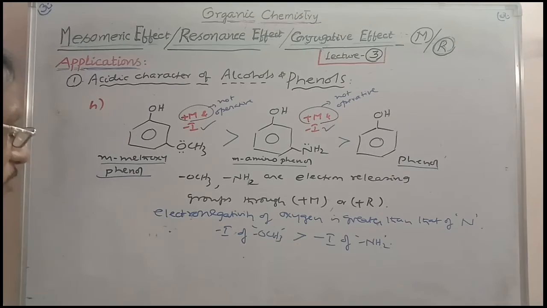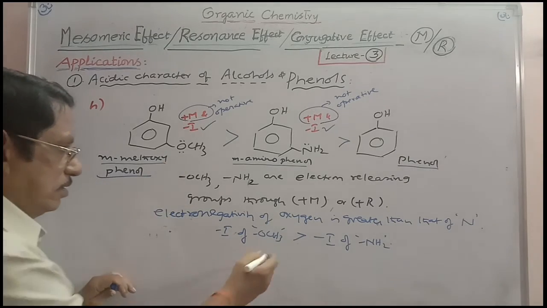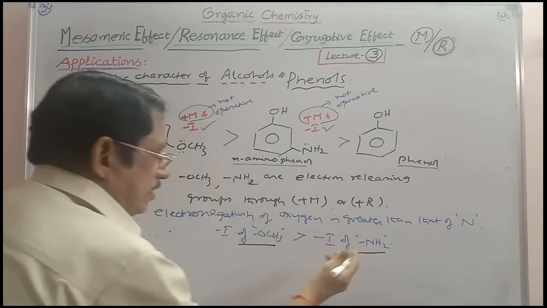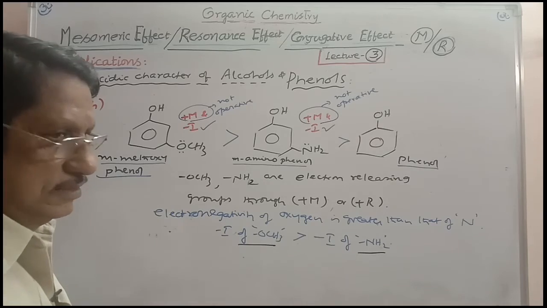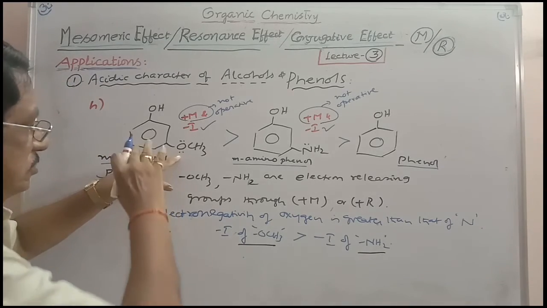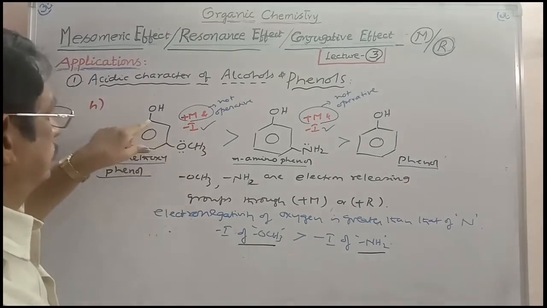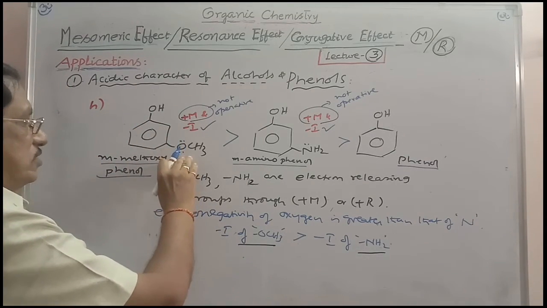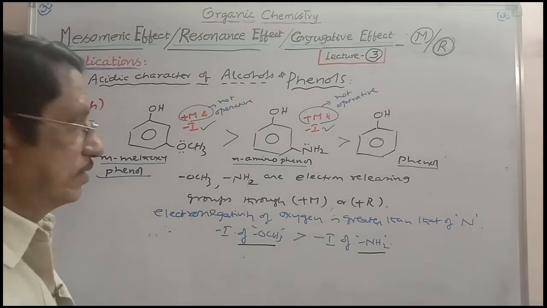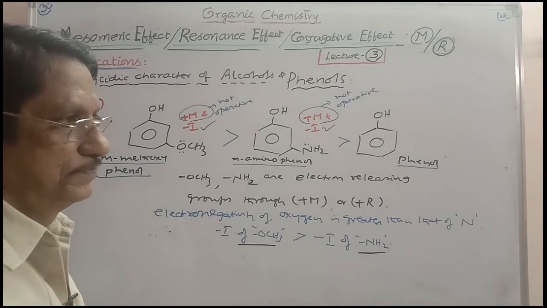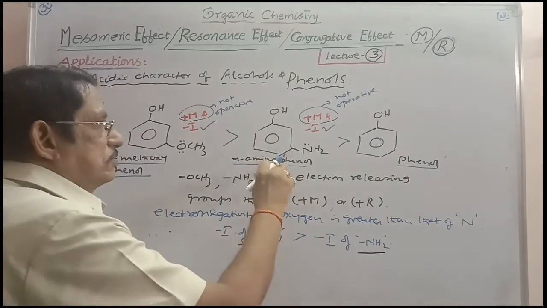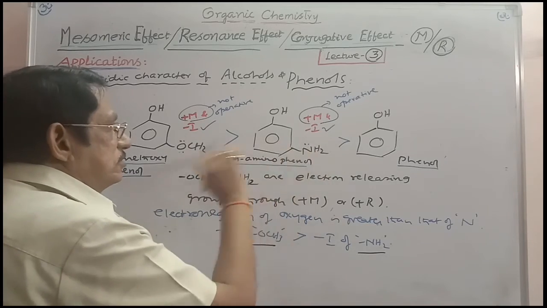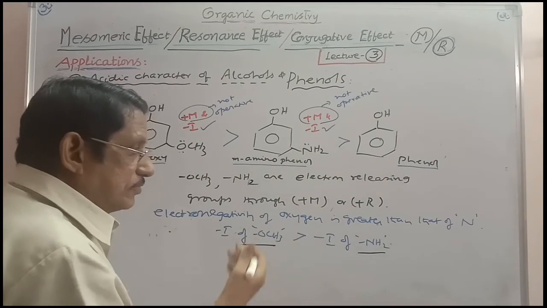So, in this case, OCH3 is having more negative inductive effect than the amino group. As a result of which this is withdrawing the electron density more, and so the electron density at this carbon is decreased, and so it facilitates easy release of proton than in the case of aminophenol. As inductive effect, distance is the same, but you are comparing the electronegativities.